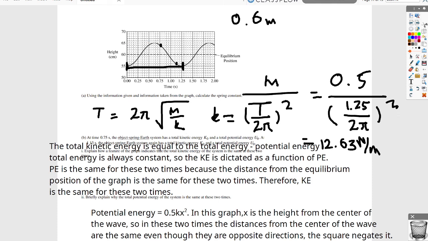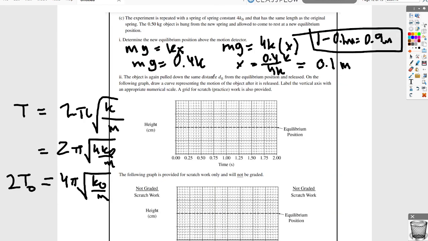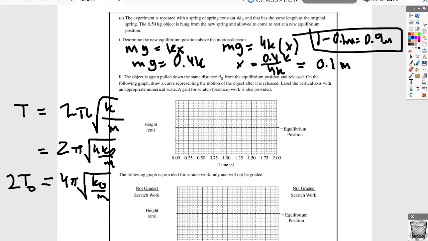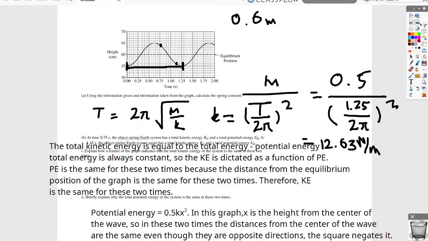But we know that our d naught, pulled down the same distance, is 0.4 meters. So if it pulls down 0.4 meters here, and our equilibrium position is 0.9, or actually, I'm sorry, this was pulled down 0.45 meters.